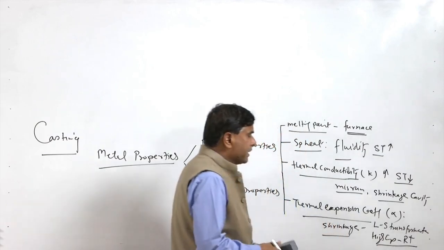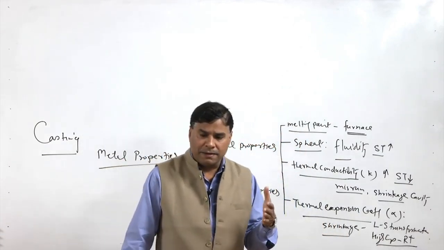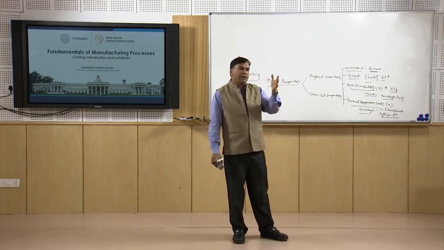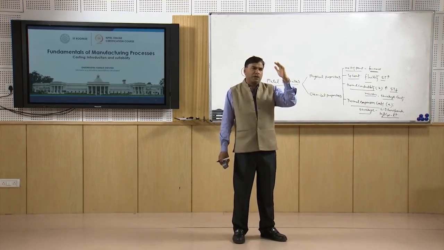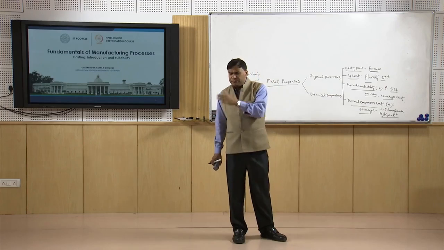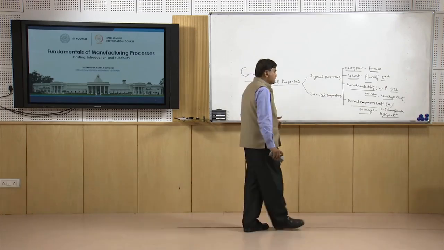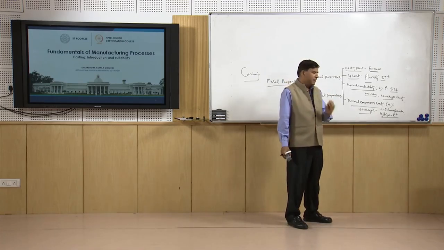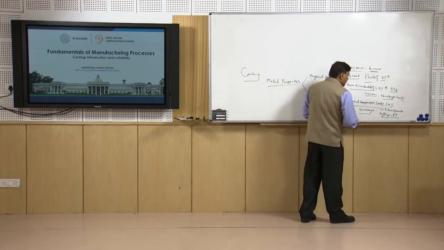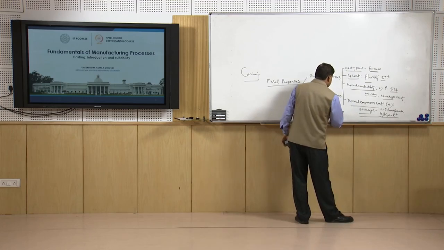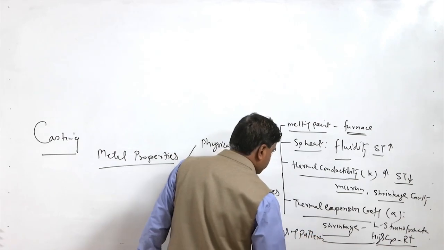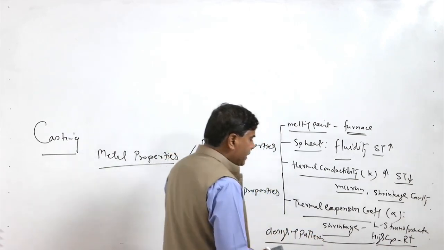This kind of shrinkage occurring in the solid state, cooling down from the solidification temperature to the room temperature, is a lot, and that leads to a reduction in dimensions of the casting. Therefore, it affects the design of the pattern, or the dimensions of the pattern which is used for making the mold.